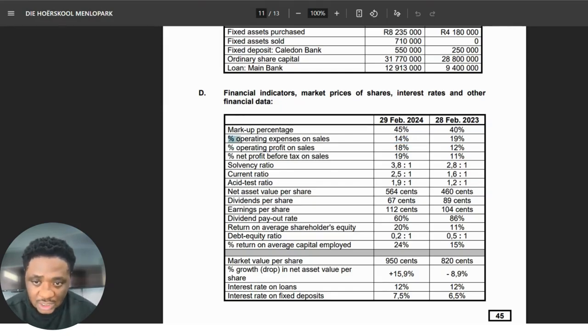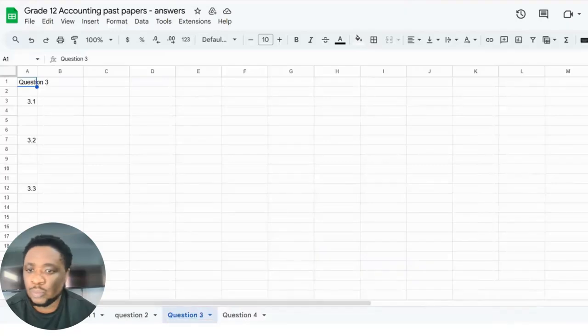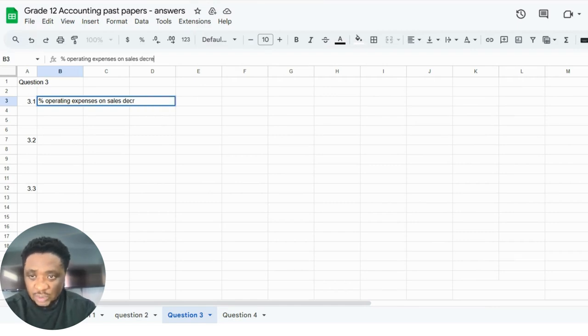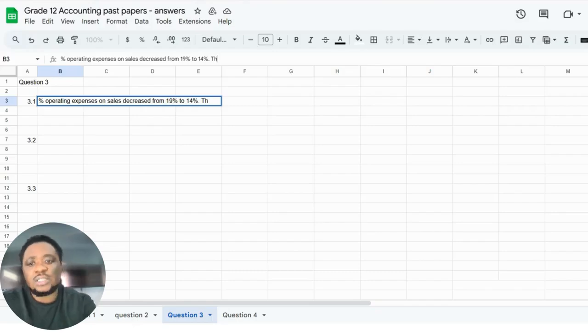So then the first ratio that I'm going to quote is operating expenses on sales. I'm going to write that operating expenses on sales decreased from 19% to 14%. And then just make a comment.